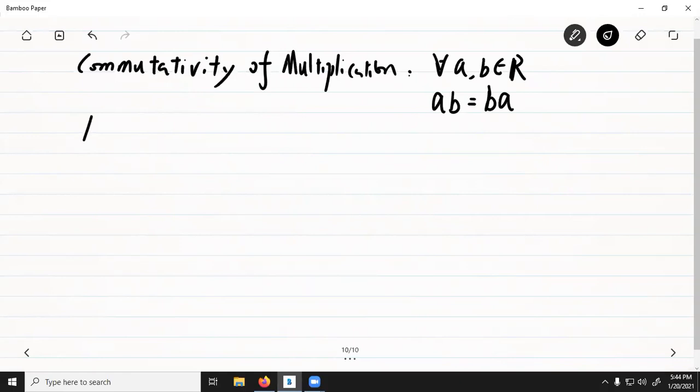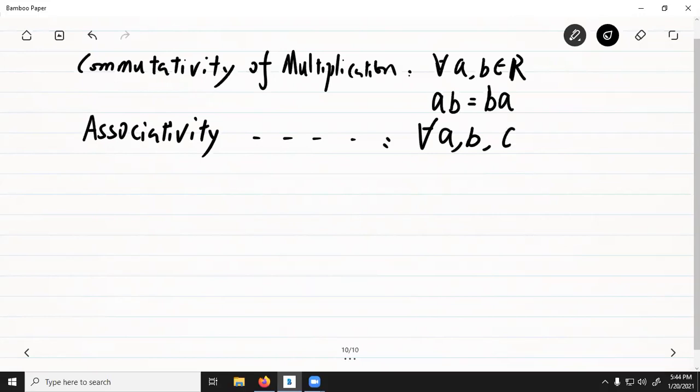Associativity of multiplication, which means for any A, B, C to be any 3 real numbers, A times B, then times C is equal to A times B times C first.